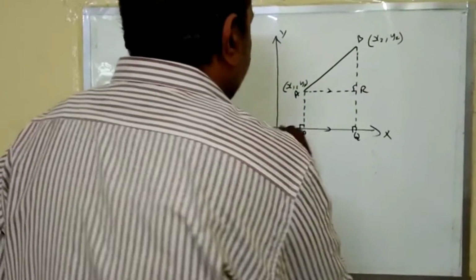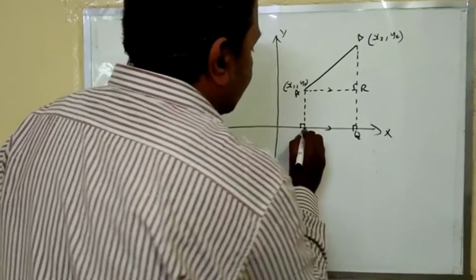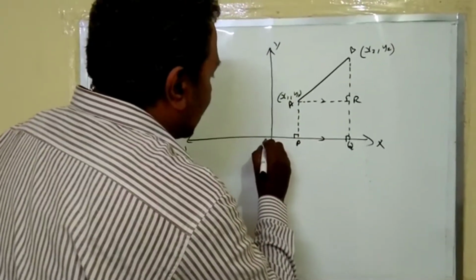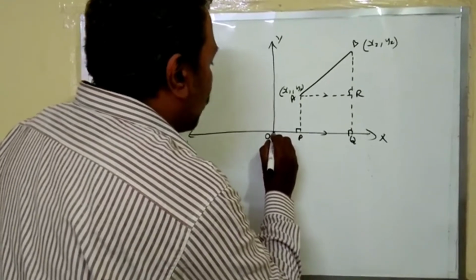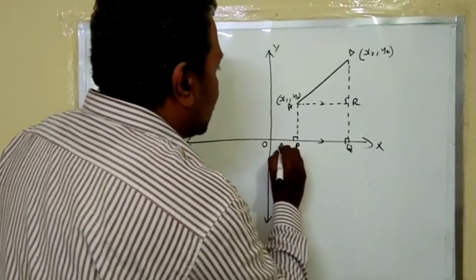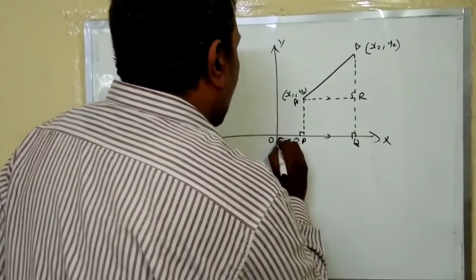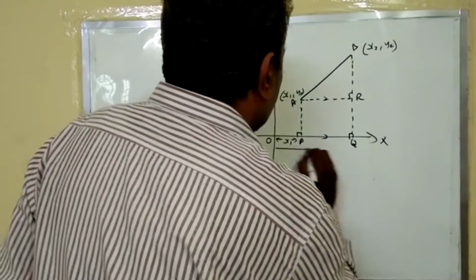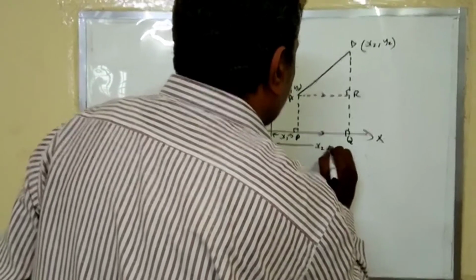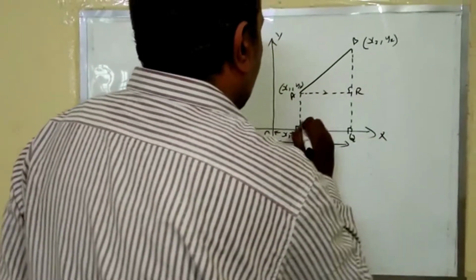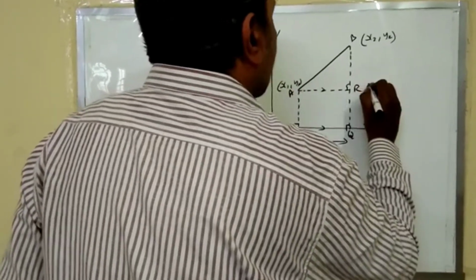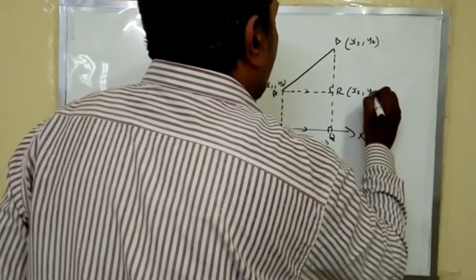Here, this is the origin. From the origin O to P, the distance is x1, and from O to Q, the distance is x2. Here the point is x1, y1, and this is x2, y1.